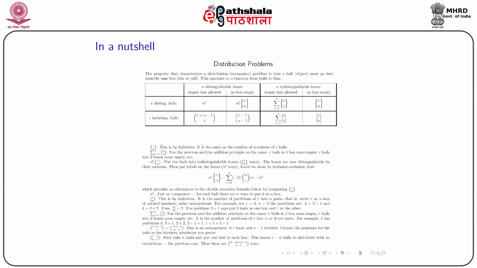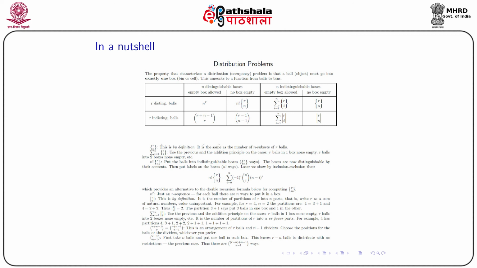If empty boxes can be allowed, then the total number of possible cases will be the sum over i from 1 to n of r within braces i, that means i subsets of r balls, and you have to sum over all possible such partitions. Now if no box will remain empty, then it will once again be within the braces r, n. So this is the same as the number of n subsets of r balls.